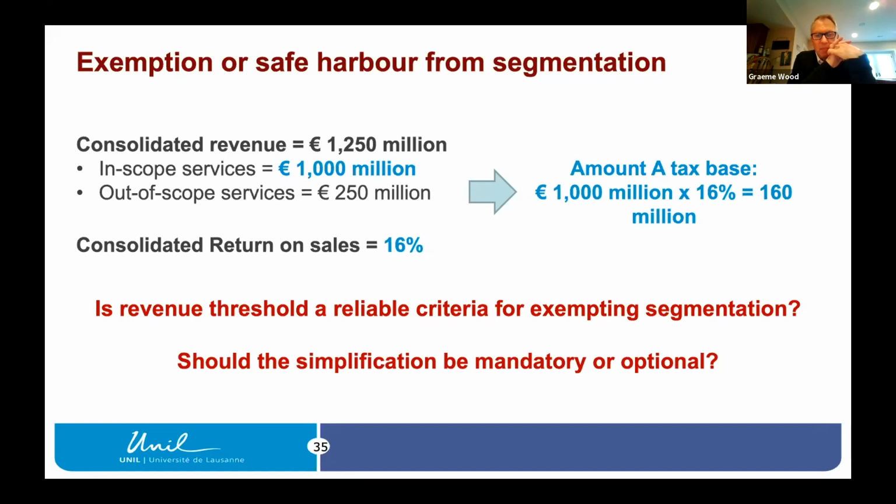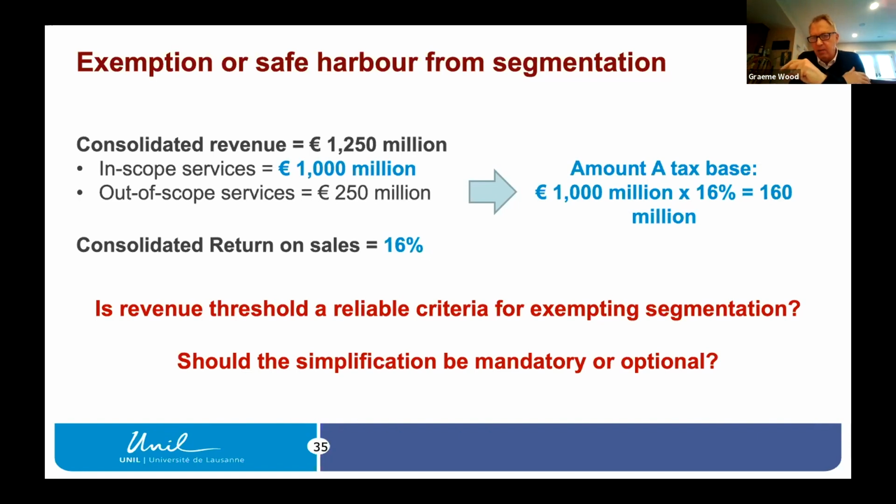As I said earlier, you need to make sure that you don't have too many segments. And I think there probably should be some sort of safe harbor in both directions, which said that if the difference is within some narrow threshold, then either you're not permitted to segment, or you can follow the safe harbor of effectively using a group profit margin.